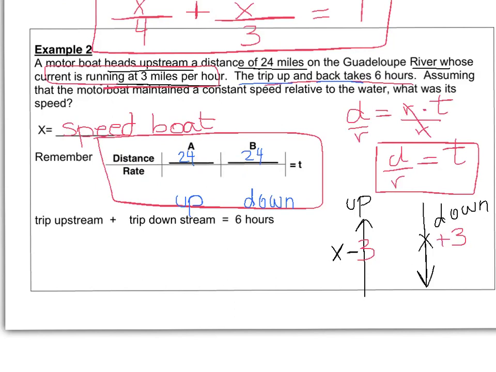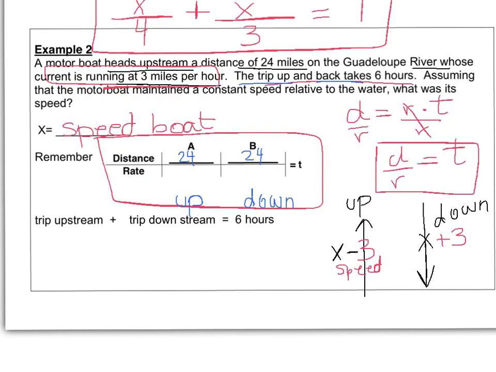You have to put more effort. Your speed is going to go down because the current is not helping you. So it's x minus 3. That's going to be your speed upstream. When you're going downstream, the river is basically carrying you, helping you. You're going to be faster. So your speed is going to be x plus 3. And where did I get the 3 from? It's the speed of the current.